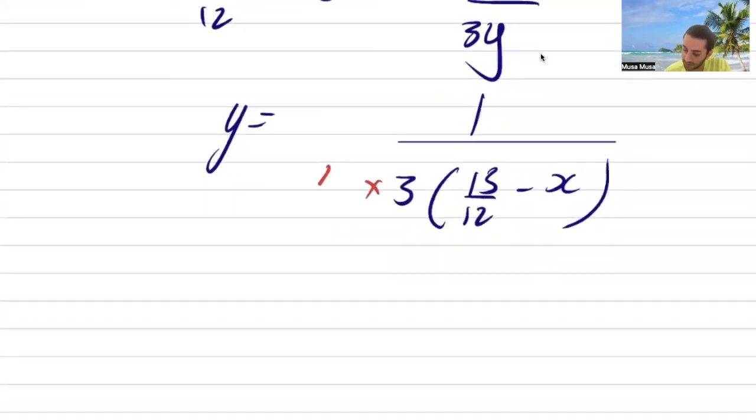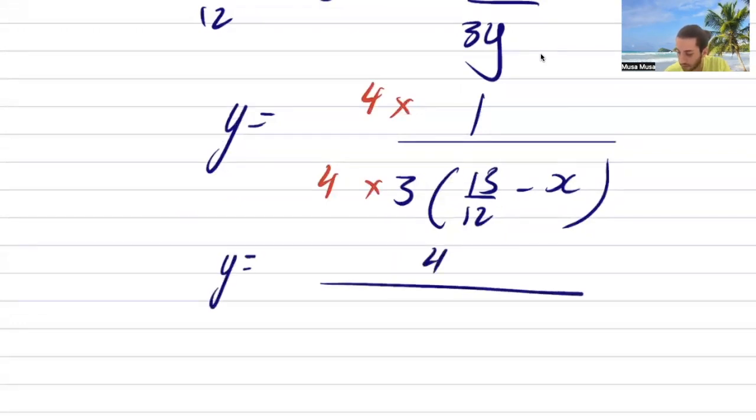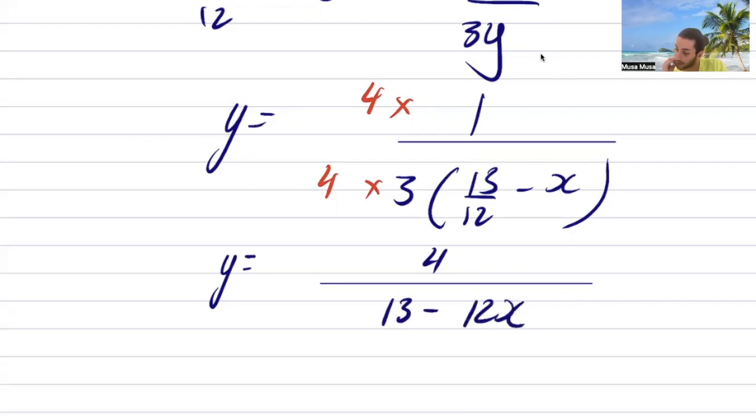And I think if I multiply this by 4, multiply that by 4, our life becomes easy. 3 times 4 is 12. 12 times 13 over 12 is 13. So it's going to look like that. Oh, yeah, there you go. Okay, nice.